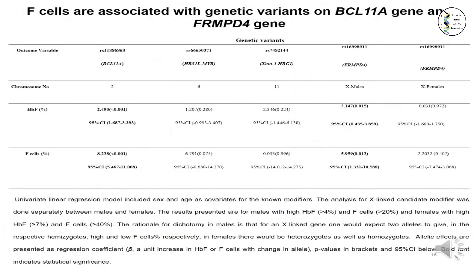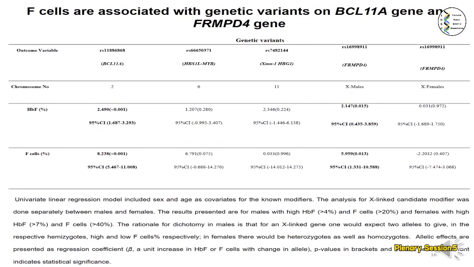Apart from testing the FRMPD4 gene with the candidate SNPs, we were also interested to look at whether the previously known loci were associating with variables in our population. From the 3 loci on chromosomes 2, 6, and 11, we found a statistically significant association in BCL11A, specifically the SNP RS11886868, with HbF levels and F cells.